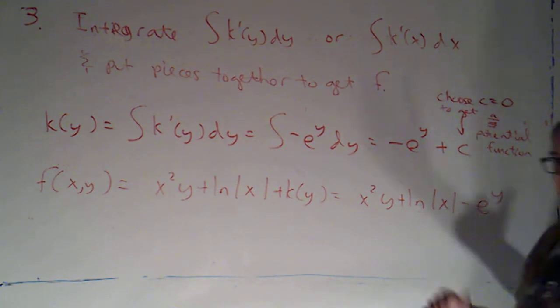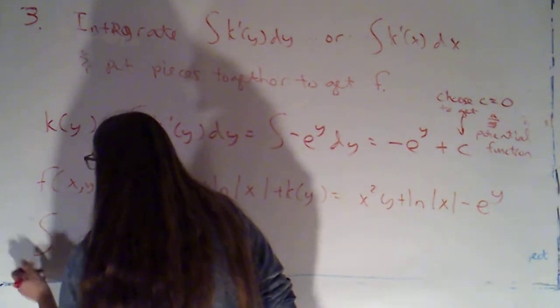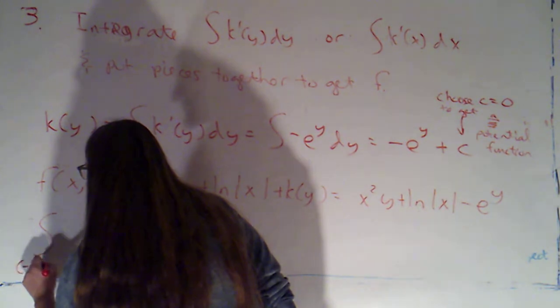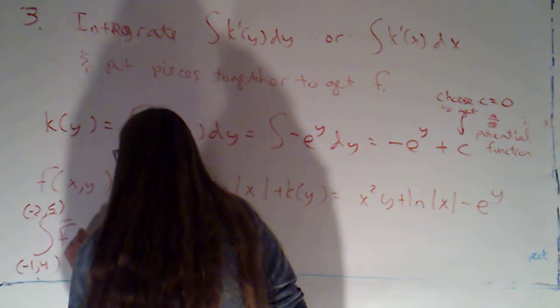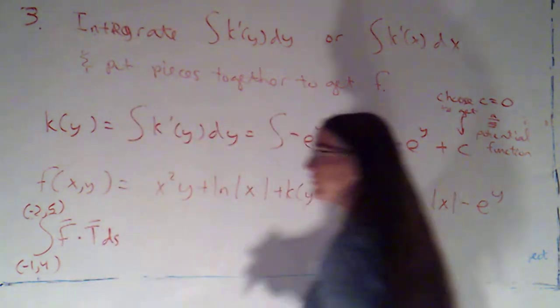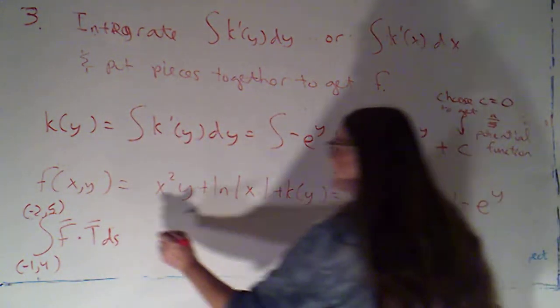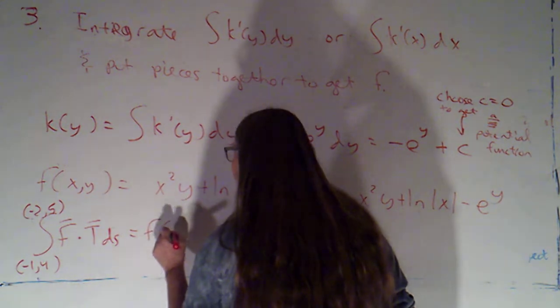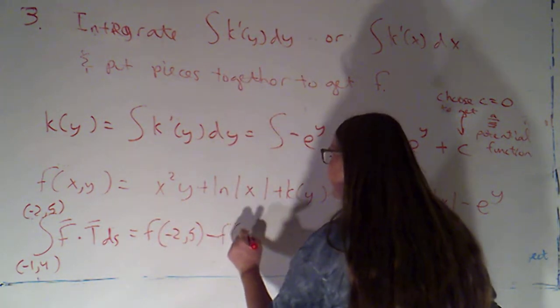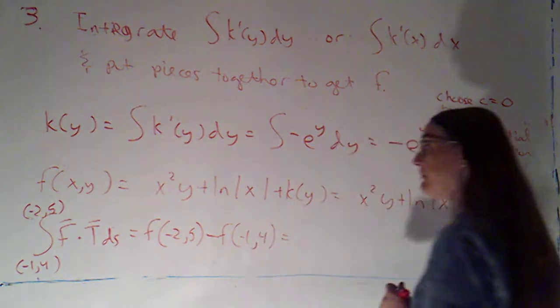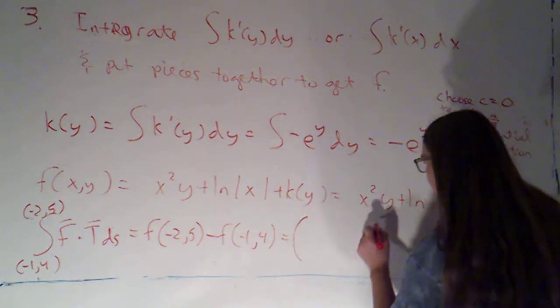Now, if we remember what we were trying to do, we were trying to evaluate the integral from negative 1, 4 to negative 2, 5, the work integral that we get with this vector field. And what we now know is that's just f evaluated at negative 2, 5 minus f evaluated at negative 1, 4. So let's see what we get.